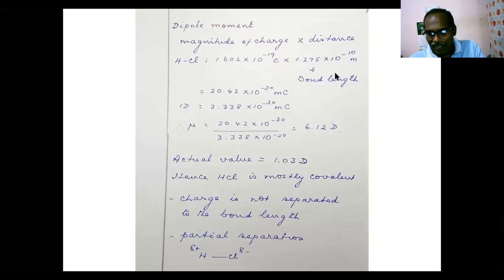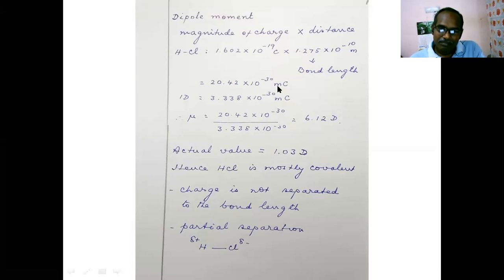This is the bond length. Bond length is the distance between the hydrogen nucleus and the chlorine nucleus. Therefore, that itself is taken as the separating distance between the two charges. When you multiply this, you get 20.42 into 10 power minus 30 meter coulomb. So the meter coulomb is the unit for dipole moment.